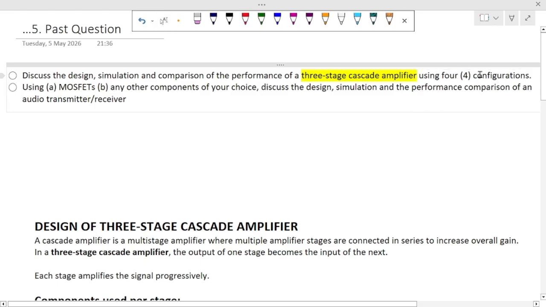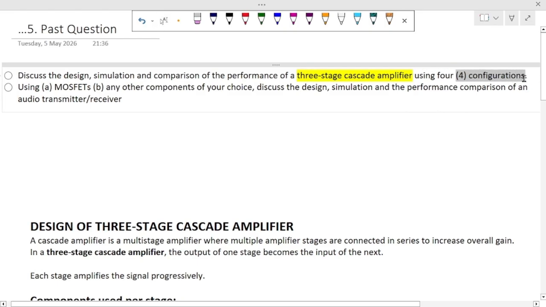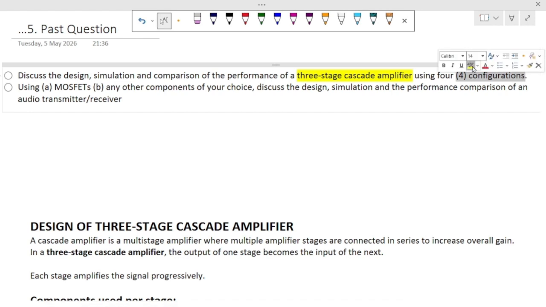For each configuration, first configuration three-stage, second configuration three-stage, and so on, all the configurations are made up of what? Three-stage cascade amplifiers. Okay, so forget about this part, that's another question.